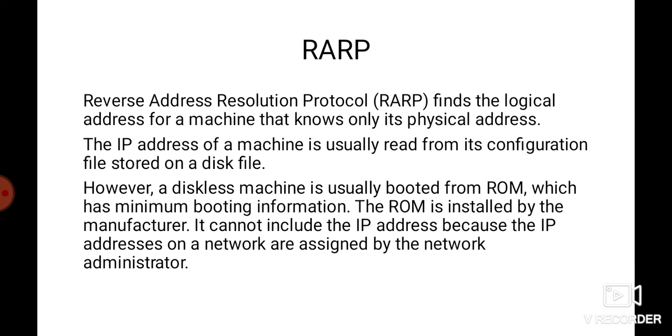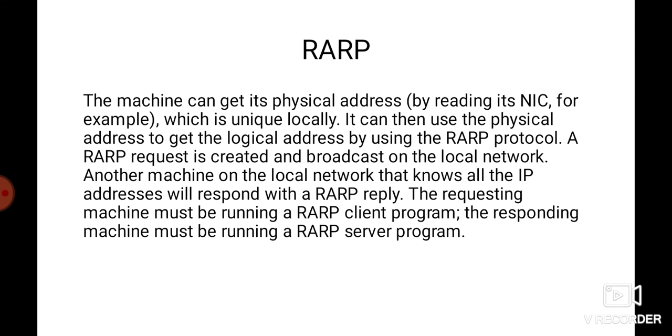It cannot include the IP address because the IP addresses on a network are assigned by the network administrator. The machine can get its physical address, which is unique. The physical address is on its NIC, which is unique locally. It can then use the physical address to get the logical address by using the RARP protocol.